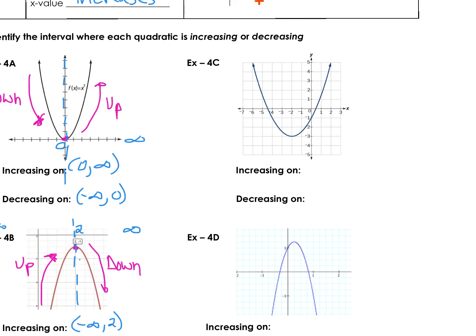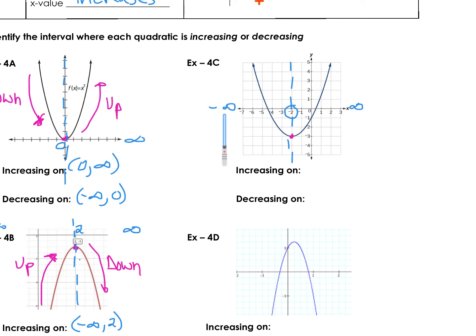Okay, so hopefully you actually paused the video. Here is the vertex right here, and if I cut the x-axis right here, whoops, my x value is going to be -2. My smallest x value is negative infinity. My largest x value is positive infinity. So my two intervals should be negative infinity to -2 and -2 to infinity.